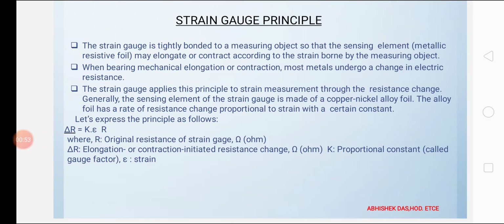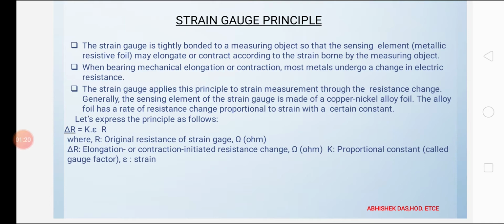Now the principle of the strain gauge, and this is the principal operation of the strain gauge. The strain gauge is tightly bonded to a measuring object so that the sensing element may contract according to the strain borne by the measuring object. When a stress is applied on the metal conductor, its resistance changes with the change of its length and cross-sectional area.